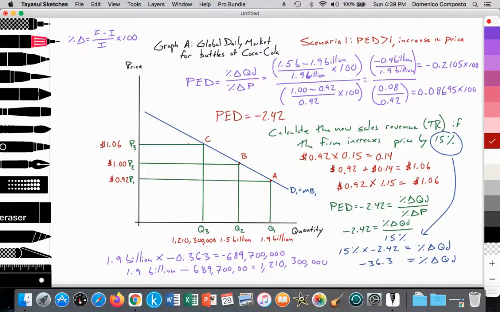Now we can do price times quantity, and then we can see what has happened to total revenue.